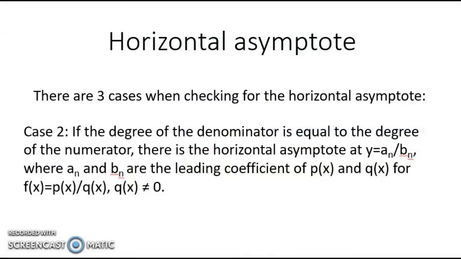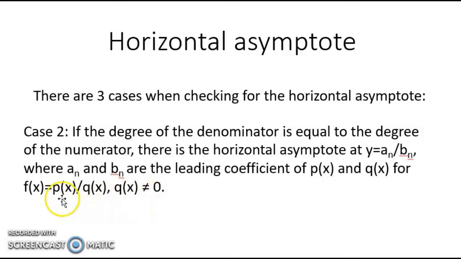If the degree of the denominator is equal to the degree of the numerator, there is a horizontal asymptote at y equals a sub n over b sub n, where a sub n and b sub n are the leading coefficients of p of x and q of x for f of x equals p of x over q of x, and q of x is not equal to 0.